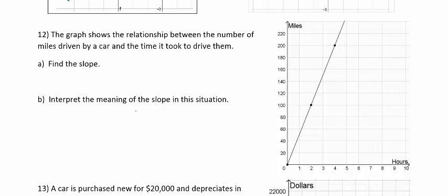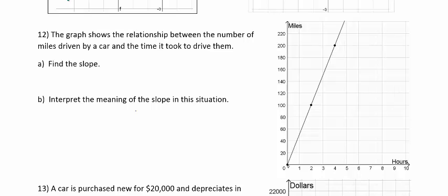Number 12, the graph shows the relationship between the number of miles driven by a car and the time it took to drive them. First we need to find the slope and then interpret the meaning of the slope in this situation. Well, just like the other lines we worked with before, to find the slope we need to do the rise over run.